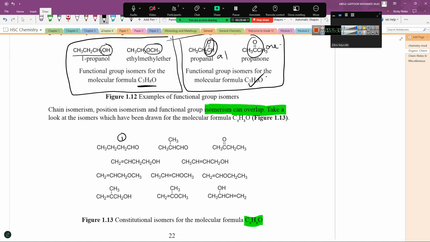This is 1, this is 2, this is 3, this is 4, 5, 6, 7, 8, 9, 10, 11. We have 11 structures for the same molecular formula. Now if you compare 1 and 2, can you name the constitutional isomers they have among themselves?